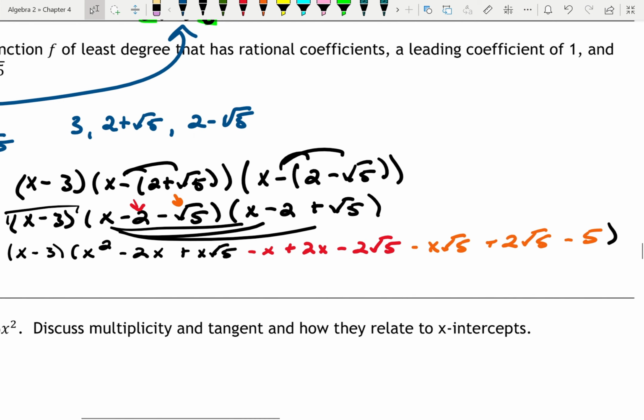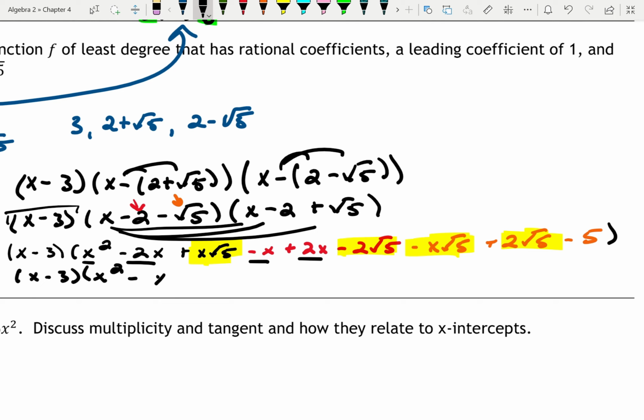Now we look for canceling roots, and they should cancel. Negative 2 root 5, positive 2 root 5, those cancel. Positive x root 5, negative x root 5, those cancel. So in our next step, I'm going to combine like terms, and I get x minus 3, and then I'll have x squared. That's that first term. Then we have negative 2, 3, positive 2, so we're at negative 1 now.